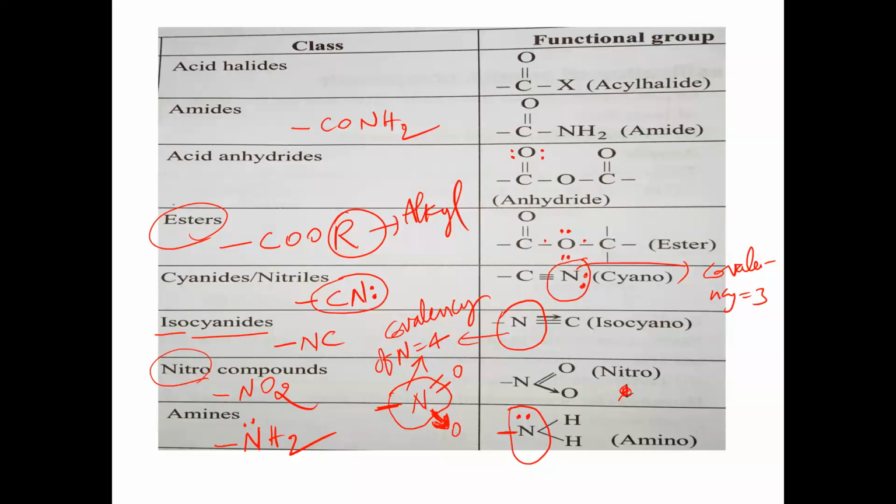Different types of functional groups are present in different types of organic compounds. So based on functional groups also, we can classify organic compounds. So this is the classification of organic compounds based on their structure and their functional group.